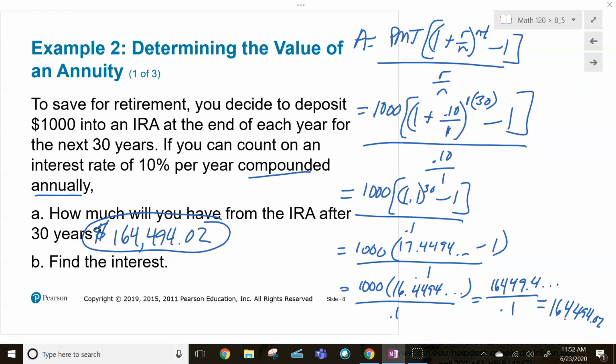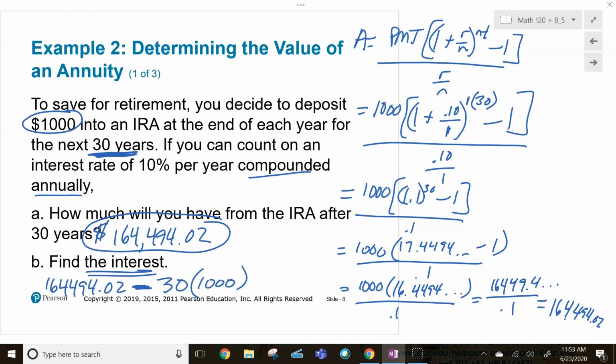Okay. Now part B, the interest. The interest is the value of the annuity. So I end up with this much money, but I made all these payments. How many payments did I make? I made it every year. So I did it 30 times, 30 years. Every year I paid 1,000. So 30 payments I made of $1,000.